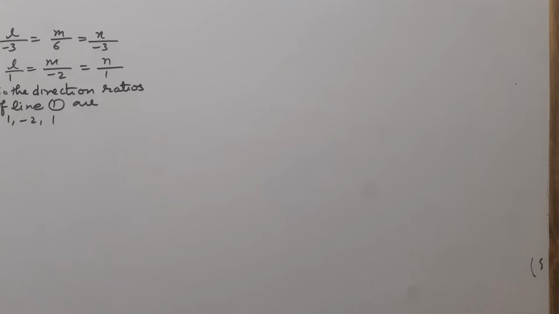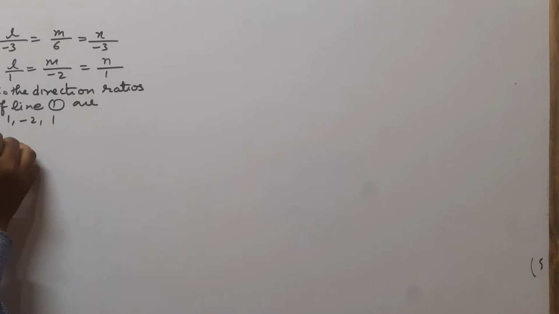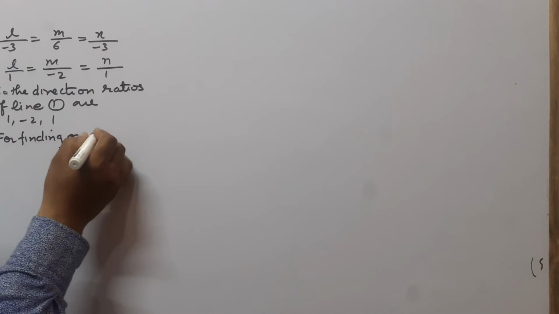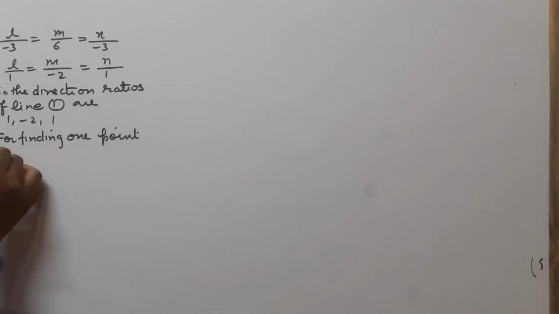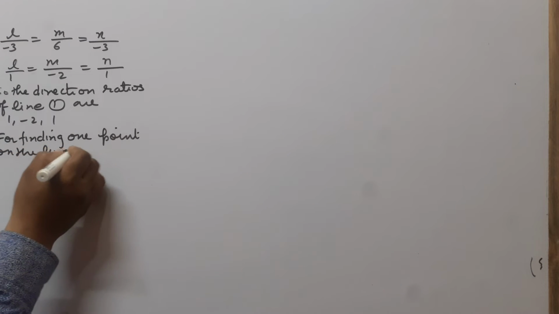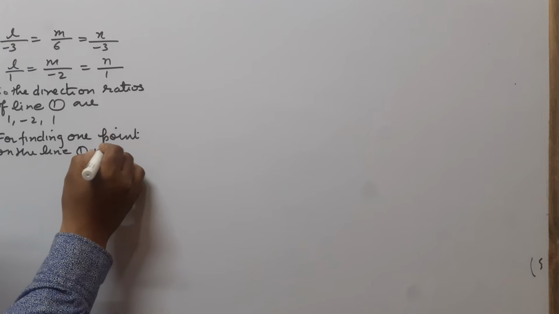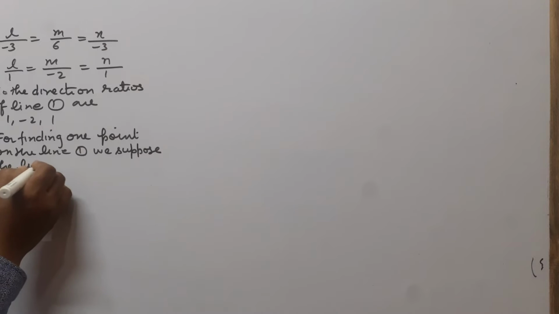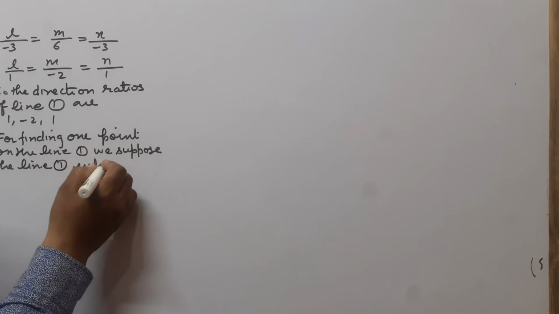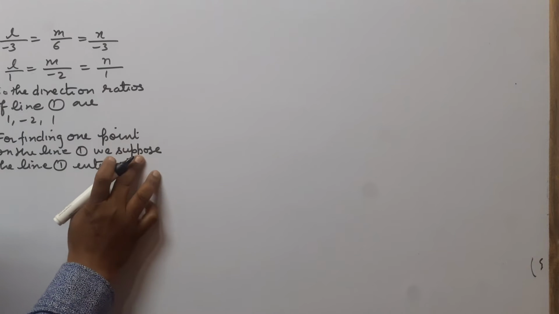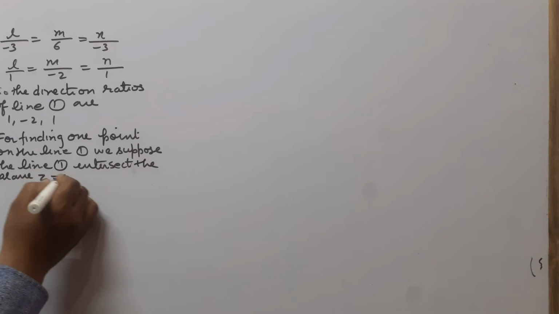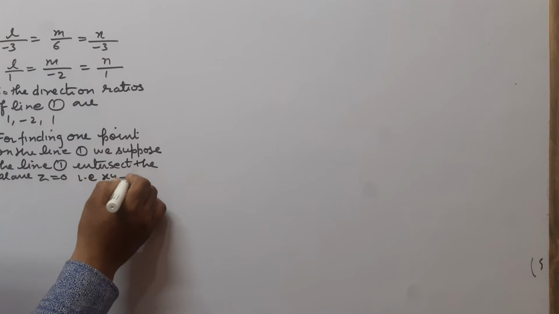Now we find one point on the line 1. For finding one point on the line 1, we suppose the line 1 intersects the plane z is equal to 0, that is the xy plane.